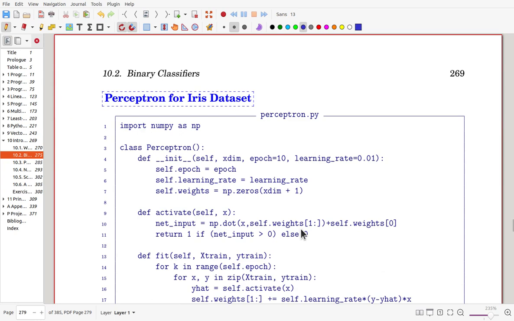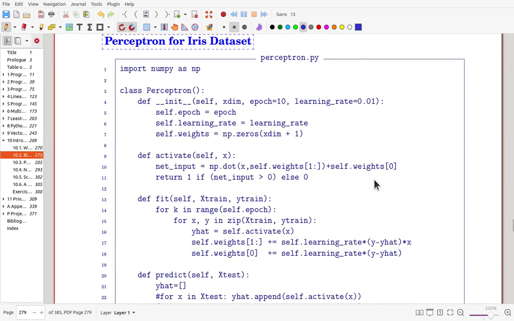Here we have a program, Perceptron.py. I implemented this class for the Perceptron. In the beginning, you have to give the dimension of x, the data points; the initial epoch is 10, and the learning rate is 0.01. You can assign these values or use the defaults, but this is necessary in the beginning.